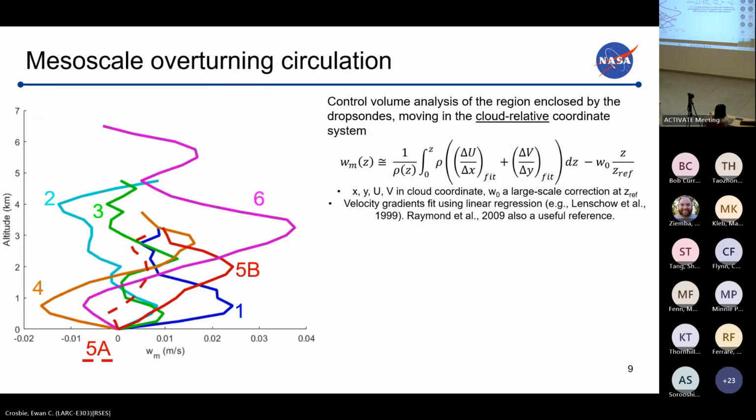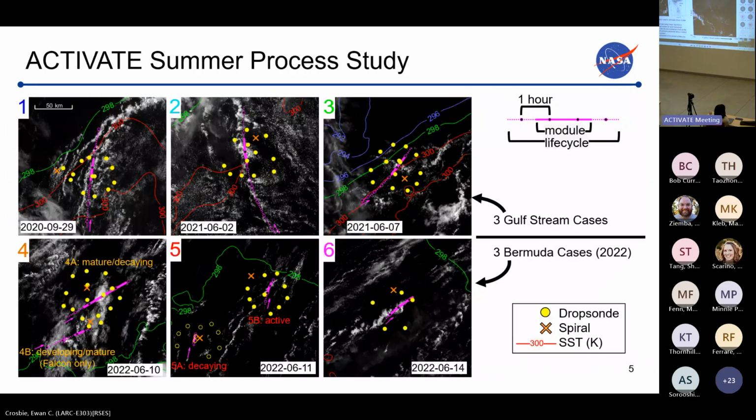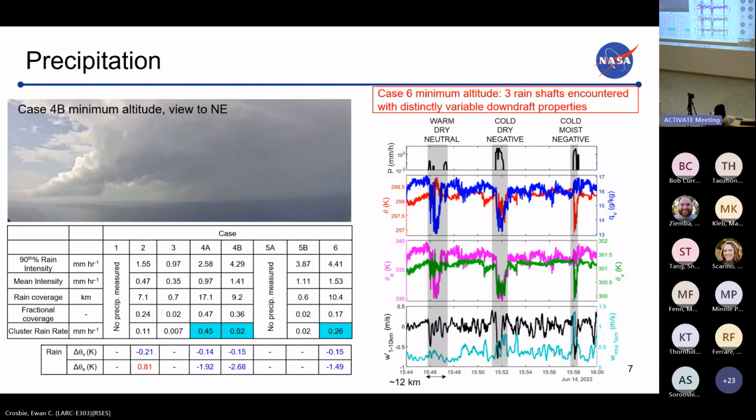Our second hypothesis about what's happening here is this mesoscale overturning circulation, or internal cumulus response to aggregation. And so we can use the dropzone measurements. I'll just hop back quickly to that. We had the dropzones in the environment surrounding the cloud cluster in each case.